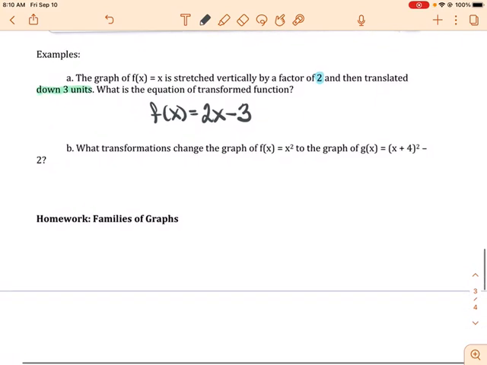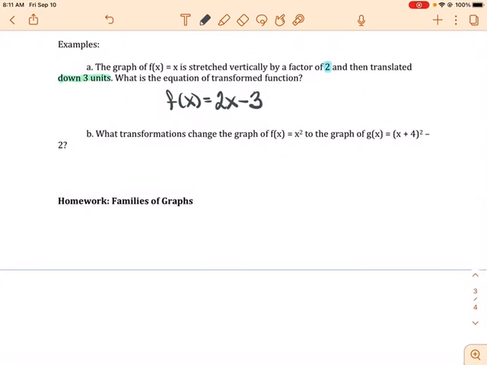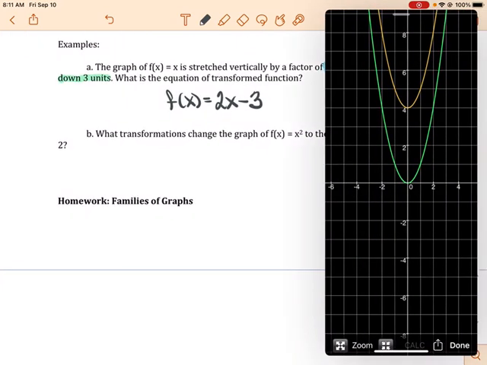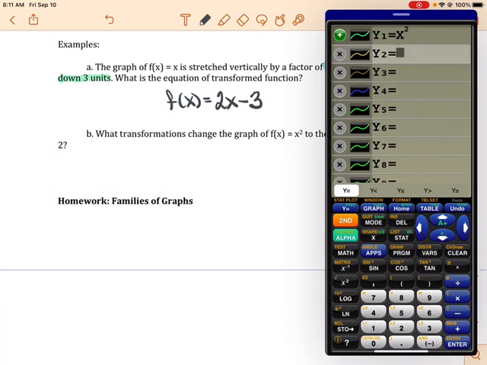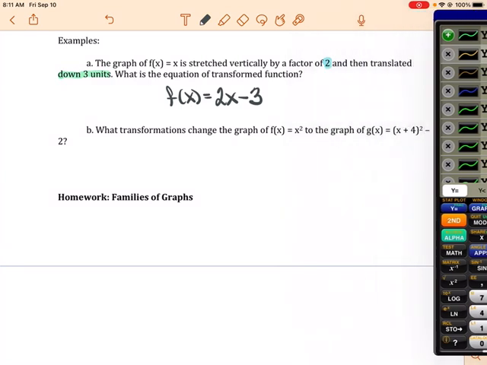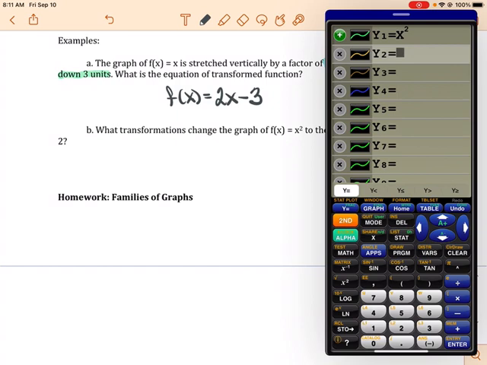All right, let's try the next one. What transformations change the graph of f of x equals x squared to the graph of g of x? They just gave it a different name, of x plus 4 quantity squared minus 2. Now if you're not sure, let's put it in our calculator. So we have x squared, and then it's x plus 4 quantity squared minus 2.